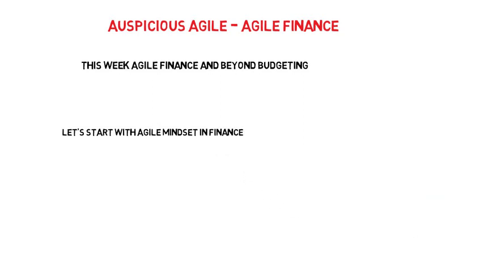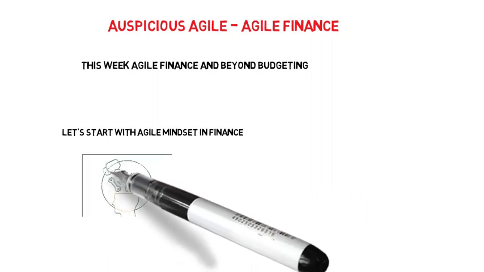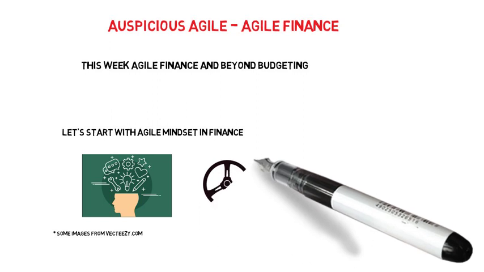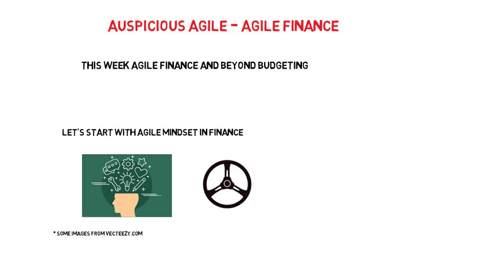Of course, just like an Agile Mindset in technology or product development, this also applies in finance. And this looks at having more steering in our budgeting cycle, maybe more frequent budgeting, quarterly or more frequent, and constantly steering and adjusting these budgets as makes sense.